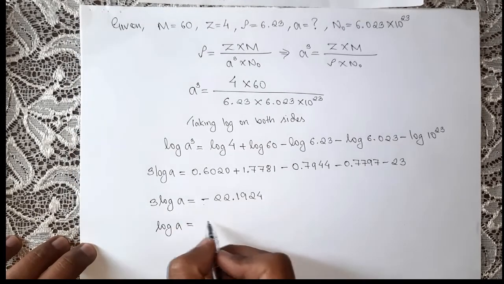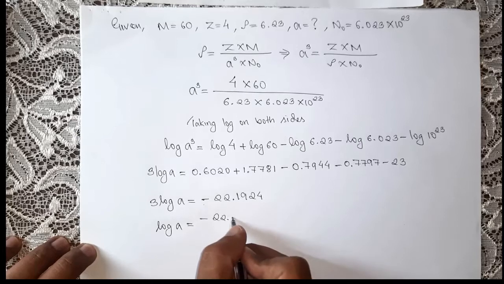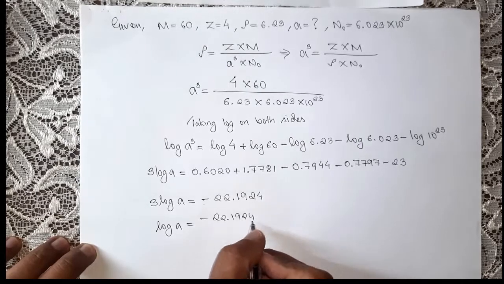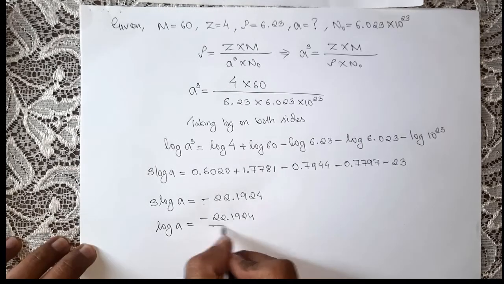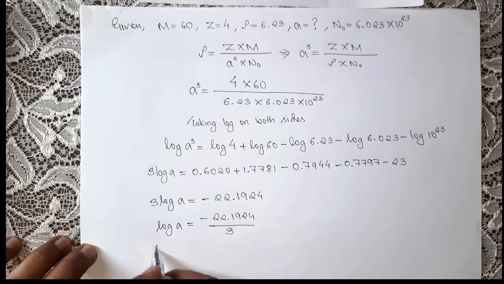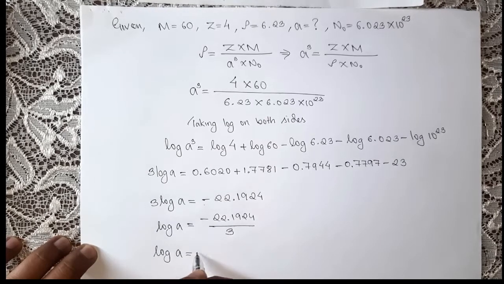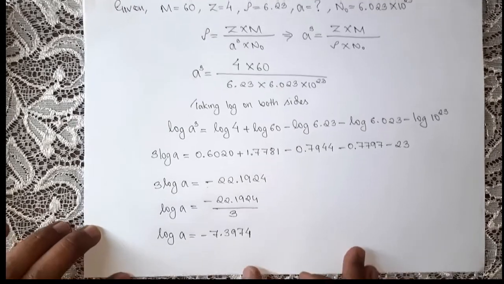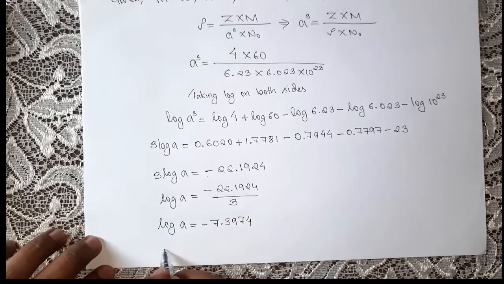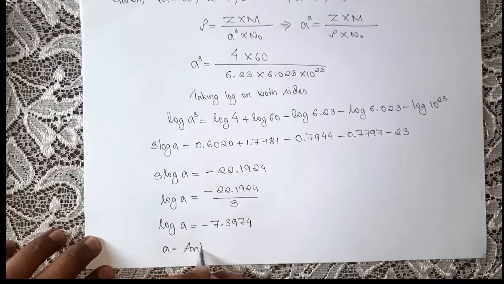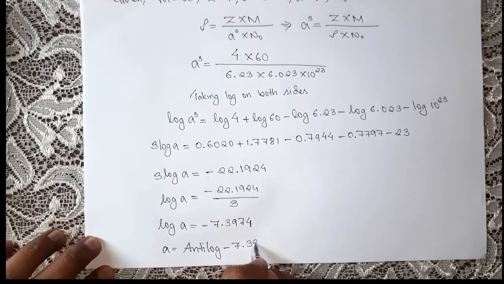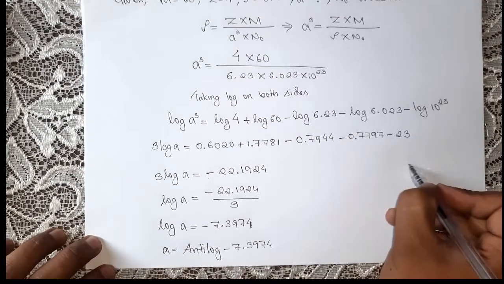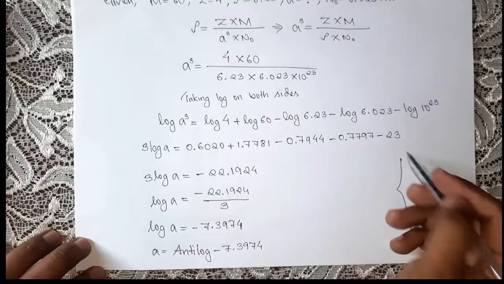In order to remove this 3, divide minus 22.1924 by 3, and you will have log a is equal to minus 7.3974. So again a is equal to antilog minus 7.3974. So I'll just write here step 1 and step 2.